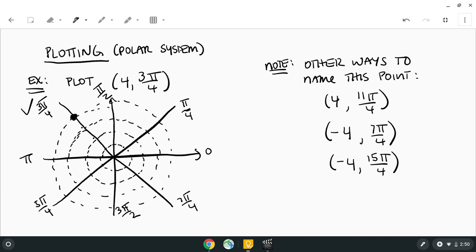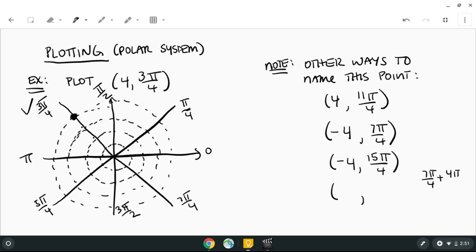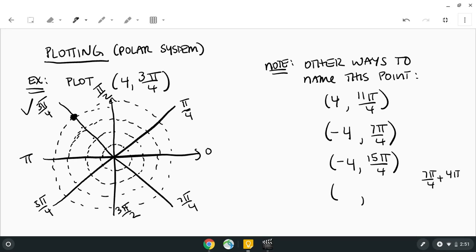Okay. Another way to do this is if you take 7 pi over 4 and add a half circle. So if you add half a circle, that would be pi. Actually, that's the same one. Let's do 15 pi over 4. That'll be more interesting because we already did this one.